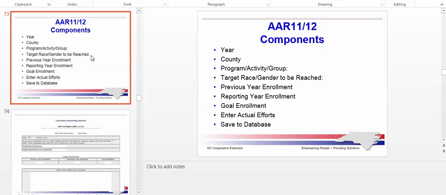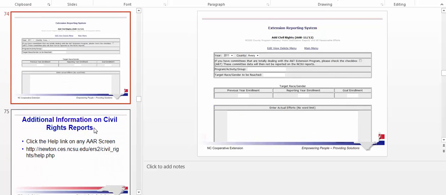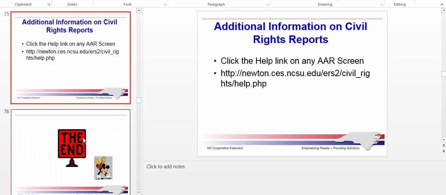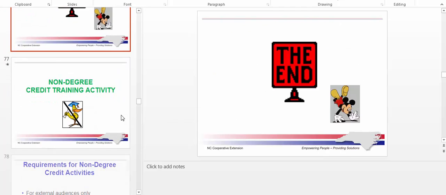Again, you have the year, the county, the group, the target, either race or gender to be reached, previous year enrollment, reporting year enrollment, goal enrollment, and under the actual efforts. And remember to save to the database. And that's what this report looks like. There's some additional help link for that particular area.